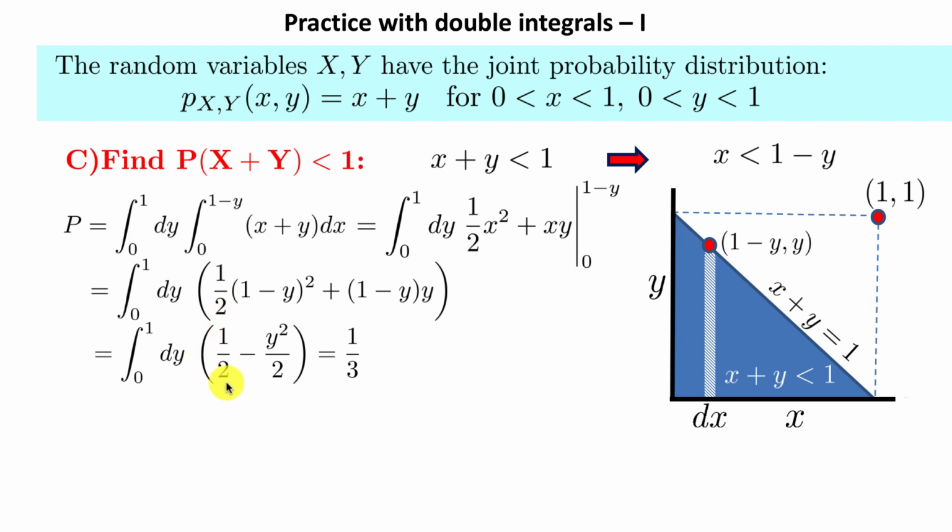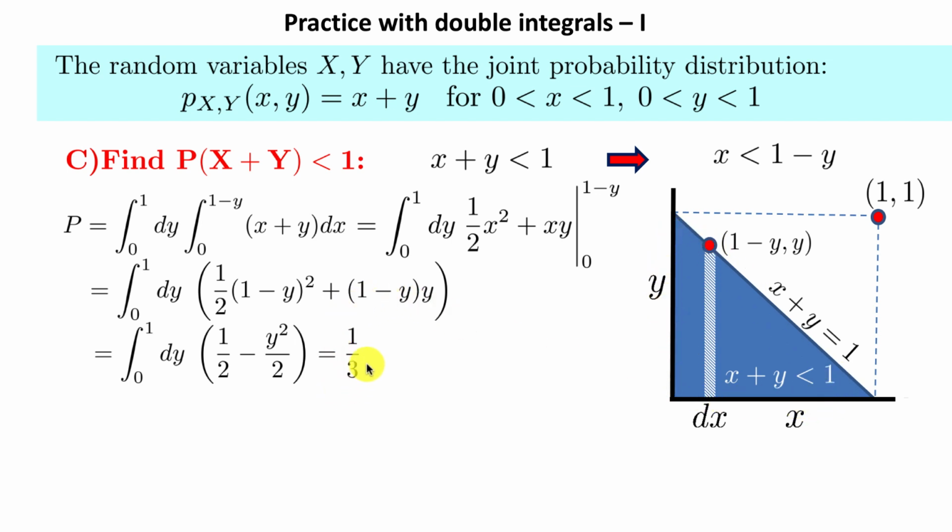Well, when you integrate half, you're going to get half. And when you integrate y squared, you're going to get y cubed over 3. And that taken between 0 and 1 will give you 1/6. So you have half minus 1/6 coming from this term over here. That gives you 1/3.